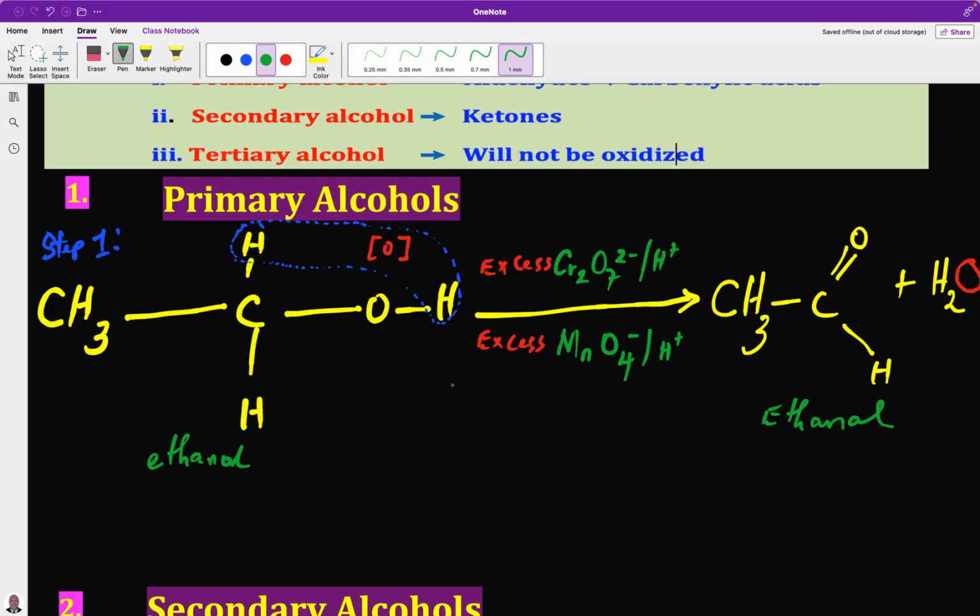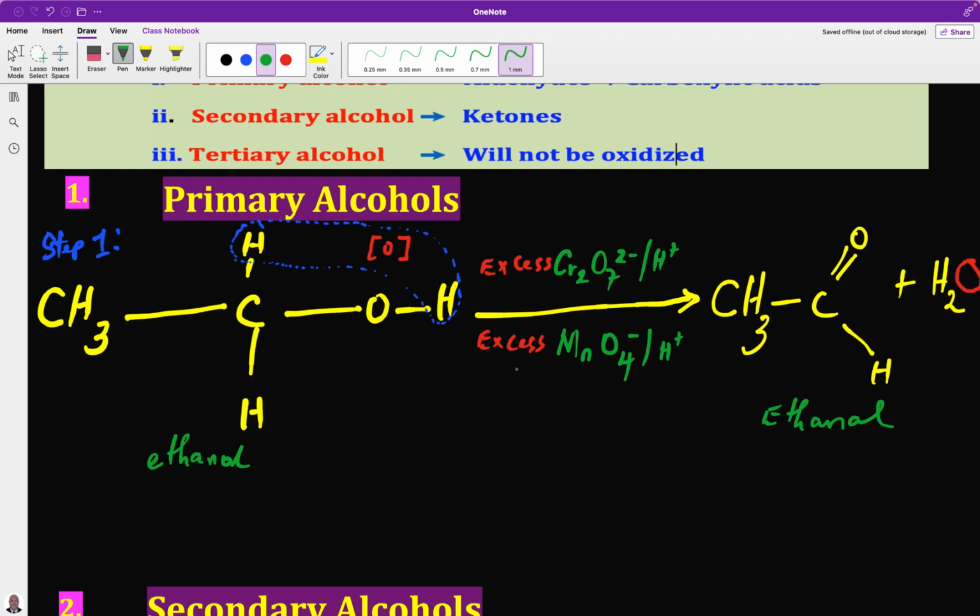The purple manganate ion will be reduced to colorless manganate 2. So for acidified potassium manganate 7, the purple color in the test tube will change to colorless, signifying that the manganate 7 ions have been reduced to colorless manganate 2 ions.